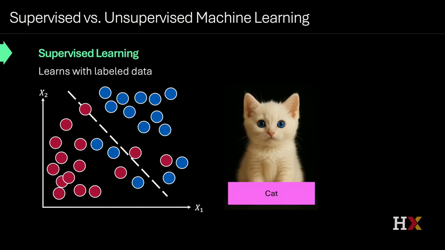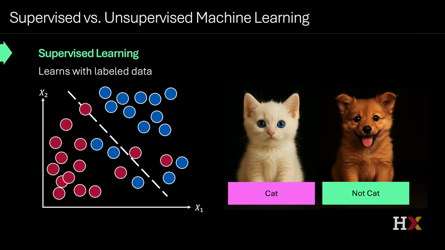Machine learning comes in many flavors, but the two main types are supervised and unsupervised learning. In supervised learning, we give the model labeled examples, like photos tagged cat or not cat. The model learns to predict the label based on the input. In the plot here, the inputs are two features, x1 and x2.